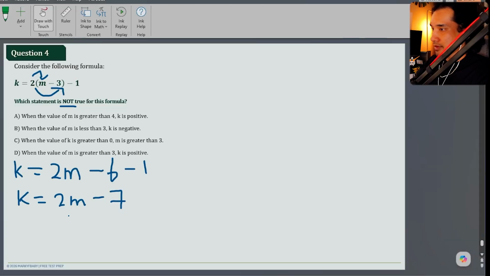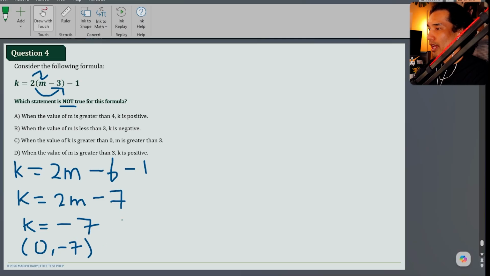Okay. When I make m 0, that's 2 times 0, equaling 0. So that's going to give me k is equal to negative 7, giving me the ordered pair 0, negative 7.